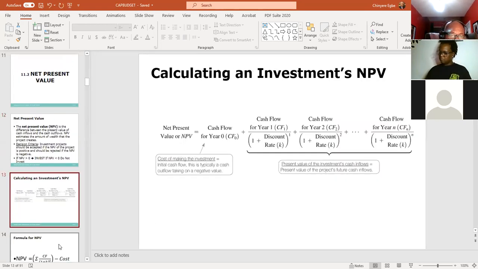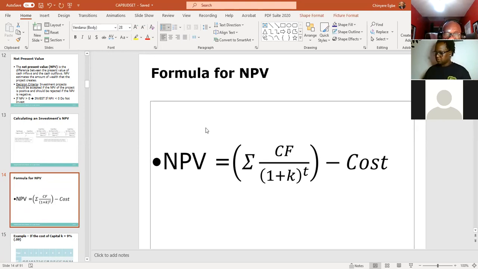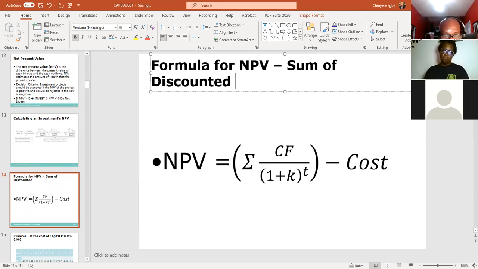So I'm going to, this is the formula for net present value, okay? It is the sum of the discounted cash flows. Let me see if I can, okay. Let me say the sum of discounted cash flows.